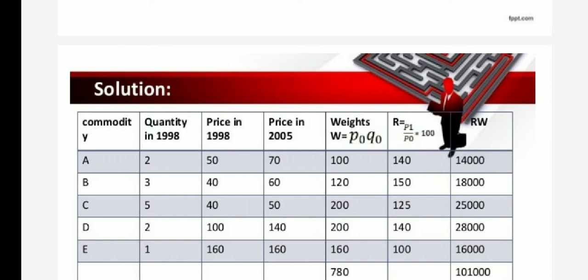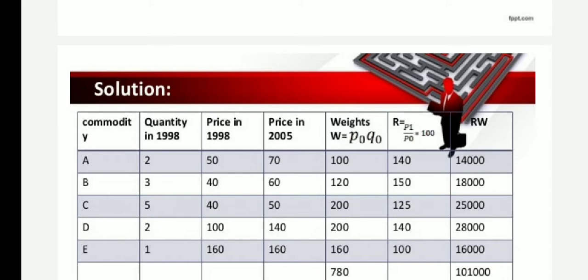Quantity is given, price is also given, weight equals P0 into Q0. So P0 is the price, 50, quantity is 2, that is equal to 100. Similarly, 40 into 3 is 120, 40 into 5 is 200, 100 into 2 is 200, 160 into 1 is 160, total is 780. Then RW, R is given, so 14,000.